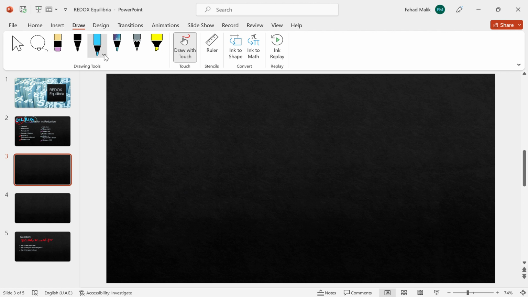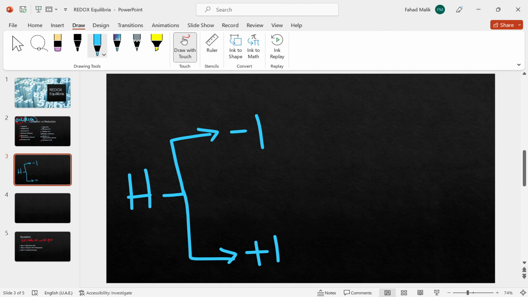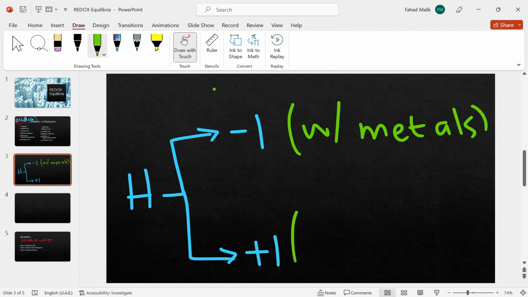Hydrogen has two possible oxidation numbers, one is -1, one is +1. Now, -1 is basically when hydrogen is attached to metals, and +1 is when hydrogen is attached to non-metals.